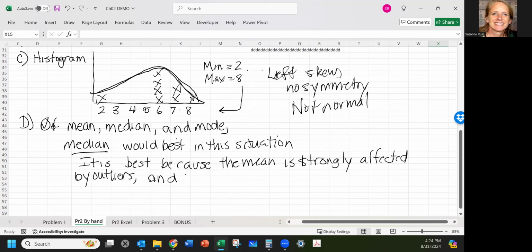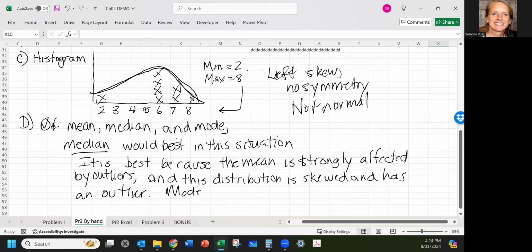And this distribution is skewed and has an outlier.